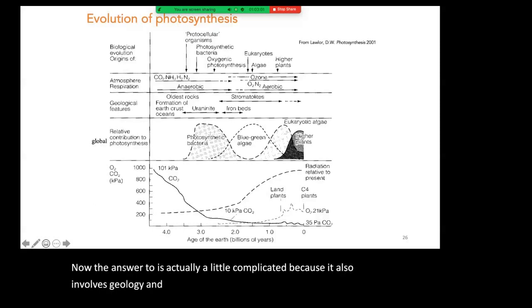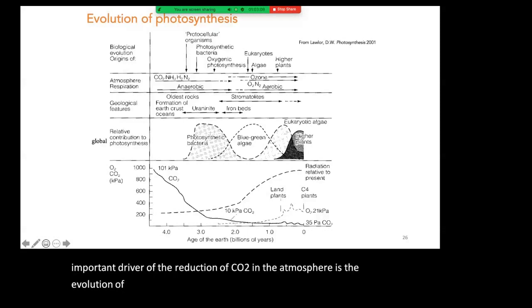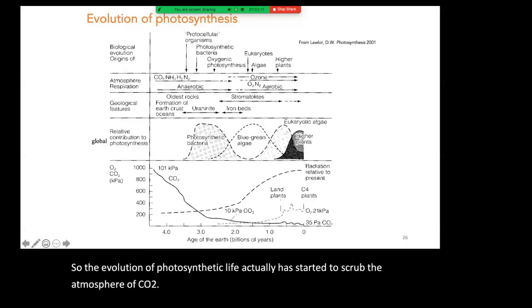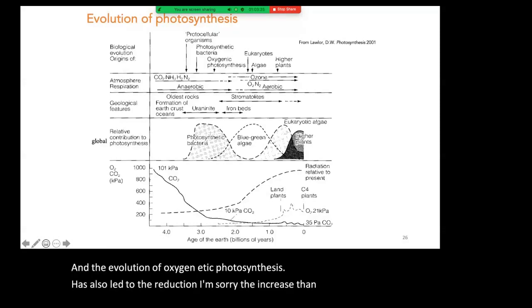But another important driver of the reduction of CO2 in the atmosphere is the evolution of photosynthesis. The evolution of photosynthetic life started to scrub the atmosphere of CO2, and the evolution of oxygenic photosynthesis has also led to the increase of oxygen within the atmosphere.